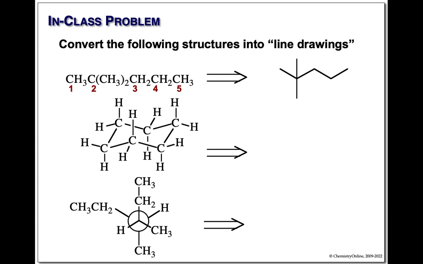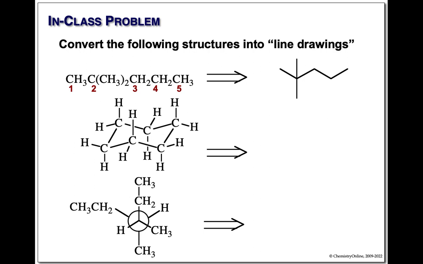This one, we have 6 carbons in a ring. Now, because all of these bond angles are 109, the ring isn't flat. In fact, it does a zigzag just like these: up, down, up, down, up, down, right?